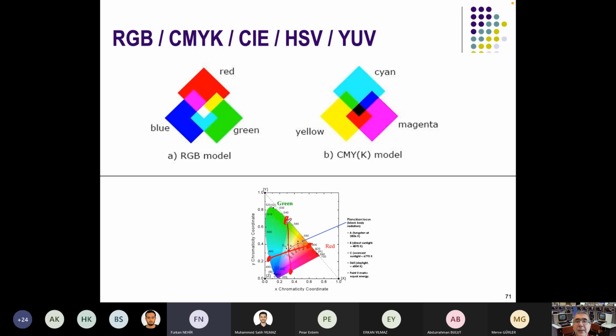And if you combine complementary colors in equal amounts, if you give complementary colors together from a distance, they will be perceived as white. So the linear combination of this color and this color will make white.